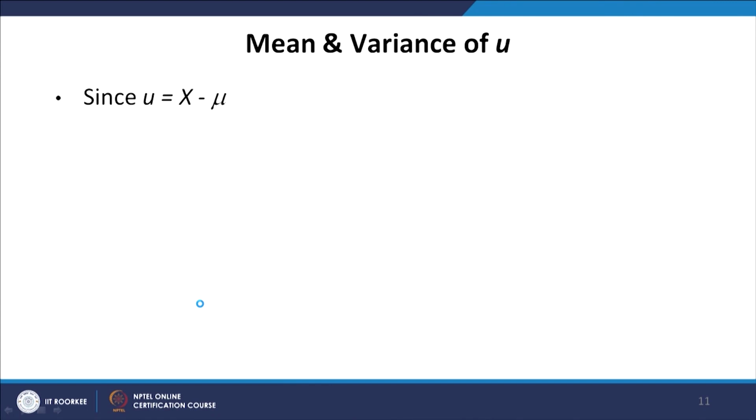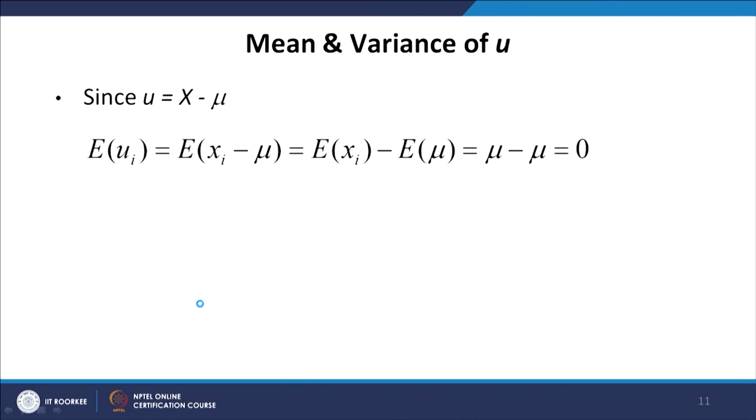We begin with the mean and variance of u. Since u equals x minus mu, we consider the expected value of u_i, that is, the population mean of the unobserved component. What we are doing is replacing u_i with x_i minus mu, and mu is a non-random component.